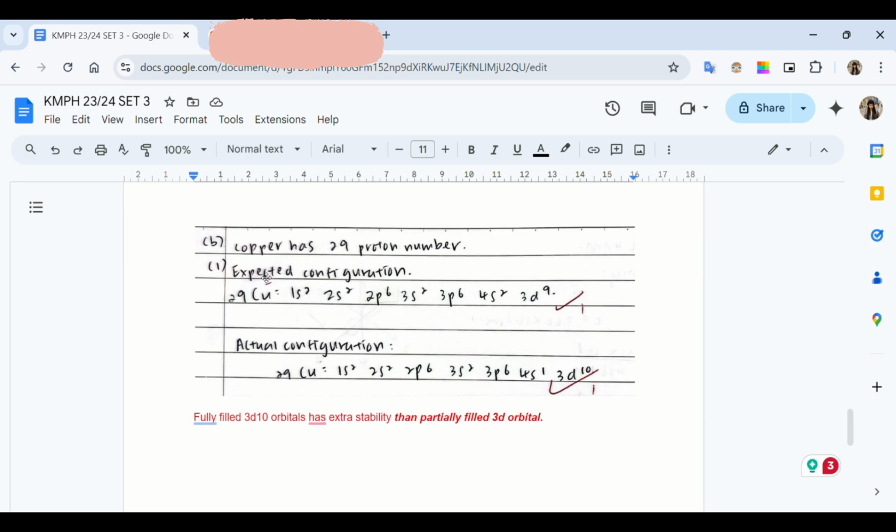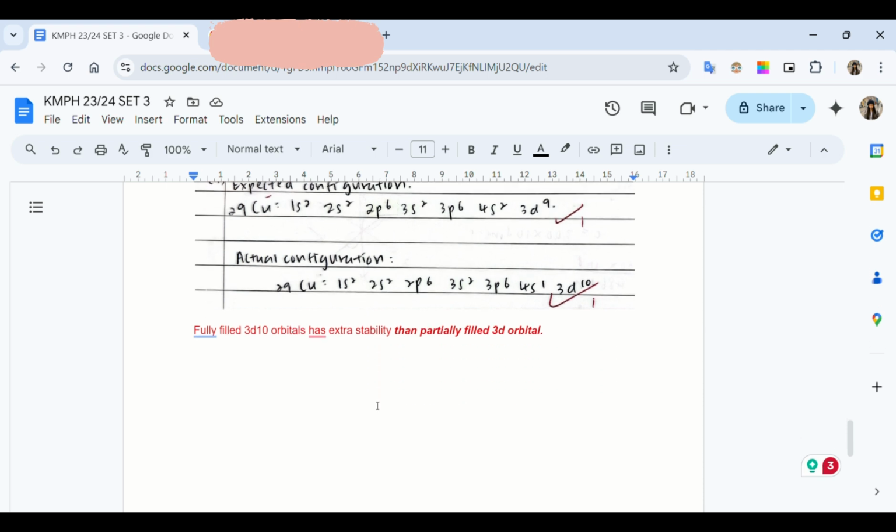So we can know that copper has 29 proton number from the list which will be given to you during PSPM, and now we have to write the expected configuration and actual configuration. Please take note that these two are dots and not equal sign. And after that, we have to explain.